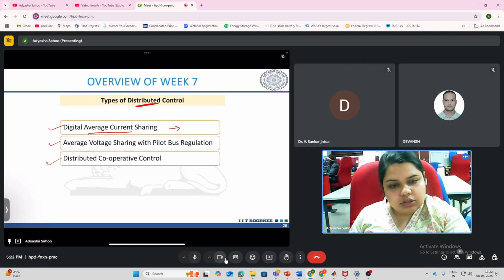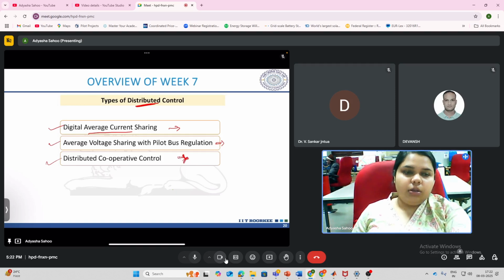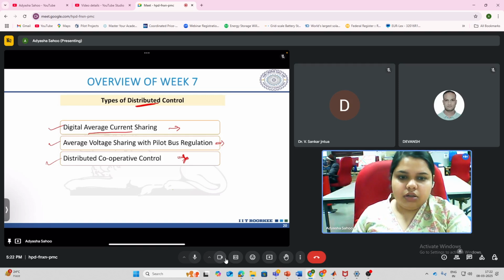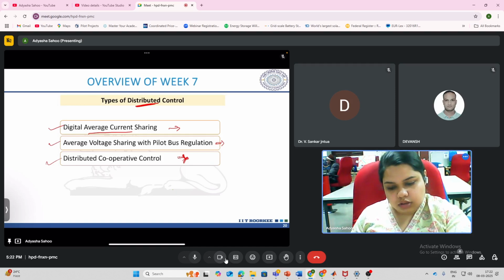In the average voltage sharing method, you are sharing the information of average voltage within the microgrids and the distribution system. Or in the distributed cooperative control, you are considering other information that is being communicated. So depending upon what information you are communicating, there are various types of control techniques available.